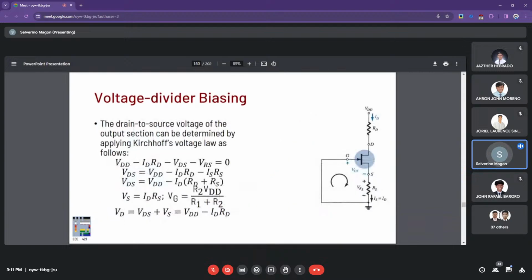Now, similarly, that can be obtained, no, from rearranging the equation or the result of Shockley's equation. But we're gonna demonstrate more of that later. No?